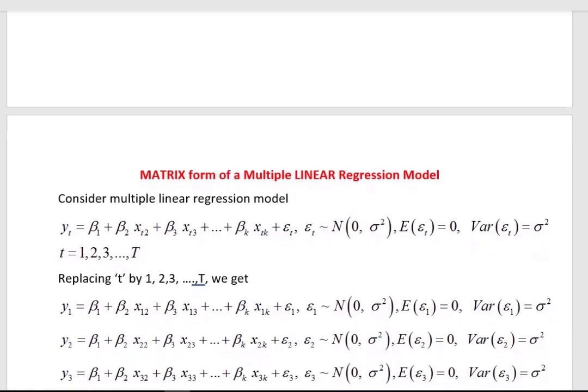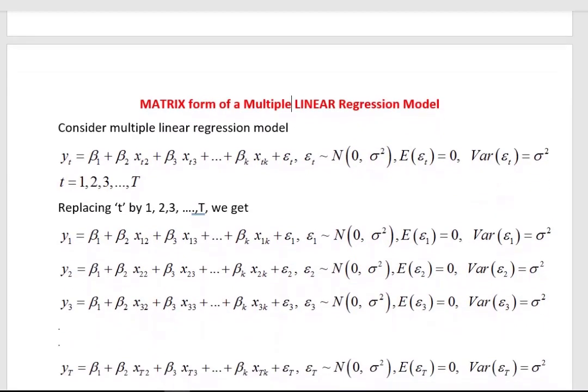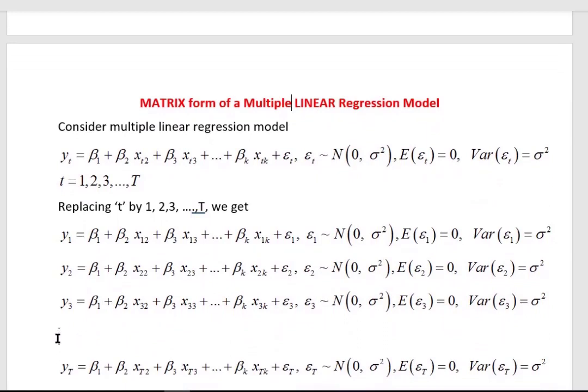And similarly we can write the expression for y3, replacing t in the subscript with 3, and so on for 4, 5, replacing t by big T or capital T. So it becomes y big T equals beta 1, beta 2 xt2 and beta 3 xt3 and plus beta k xtk plus epsilon t. Epsilon t is a random variable which follows a normal distribution, mean 0, variance sigma square.